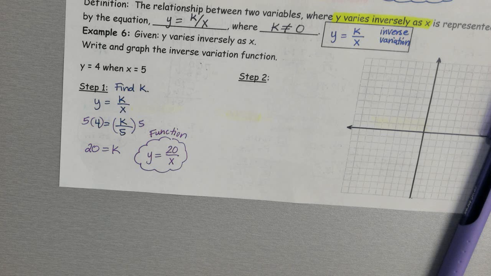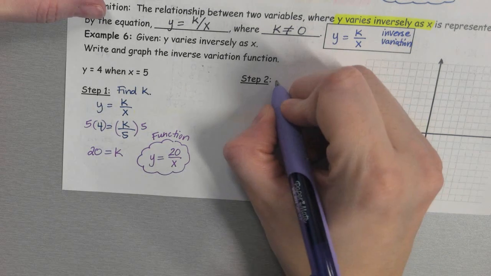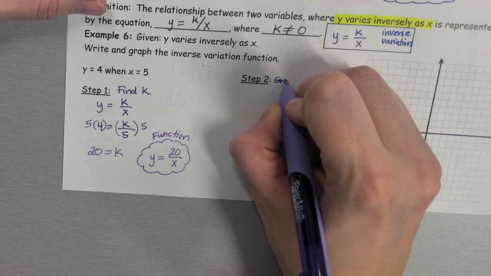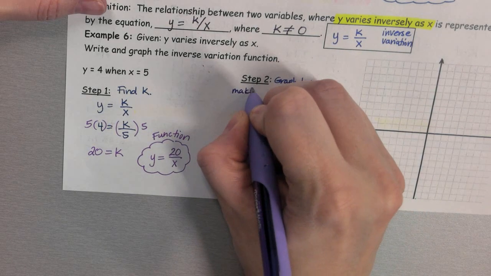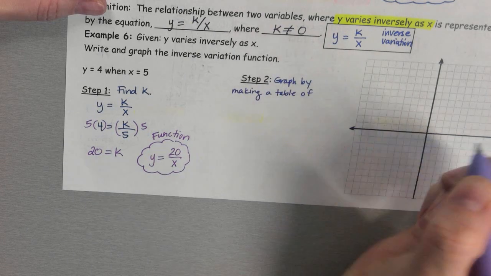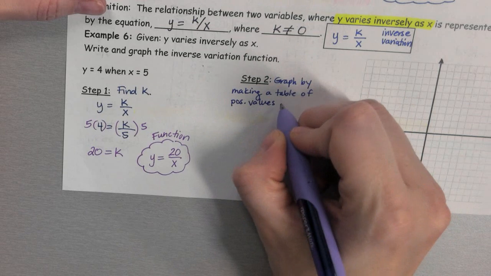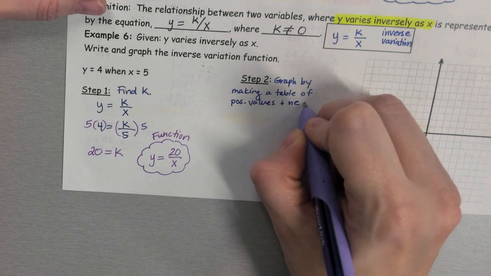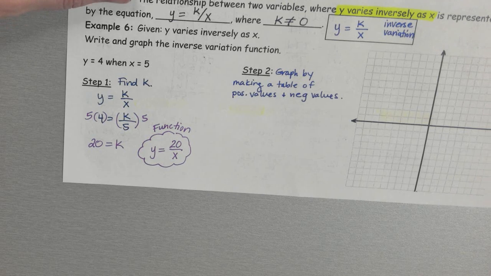Now, when you graph this type of variation, there's going to be two different steps. Okay, so we're going to graph by making a table of positive values and negative values. So we're going to make two tables.